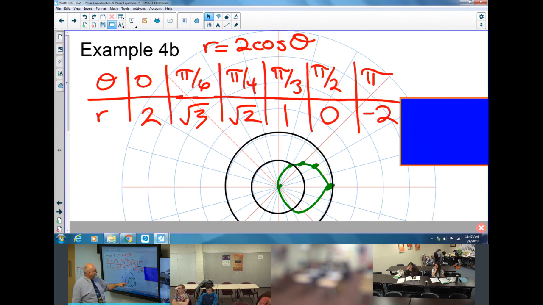For pi/4, it's radical 2, which is approximately 1.4. For pi/3, we have 1. For pi/2, we have 0, and so on. Then for your other angles around here, you can get as many points as we need. And so it kind of looks like this little green shape here.